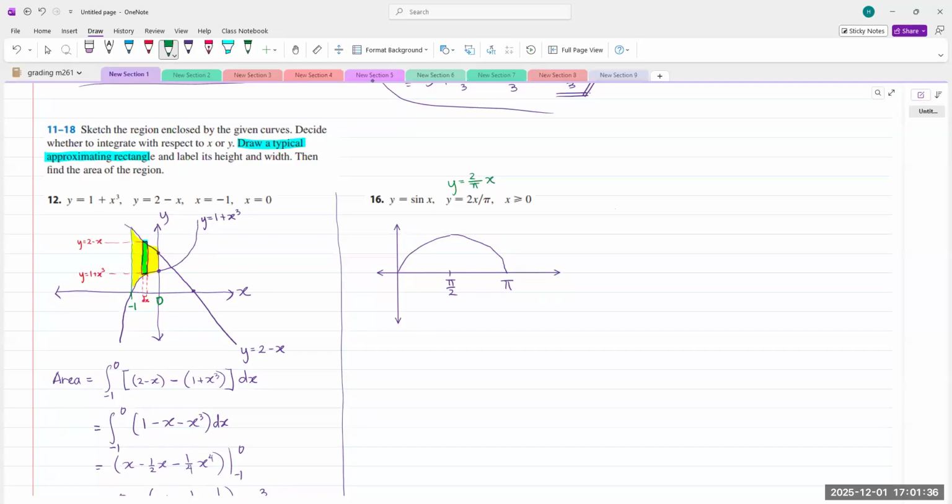That's the slope. Now, that will give us this line. When x equals pi over 2, the y value is 1. So it refers to this line here. They intersect there.